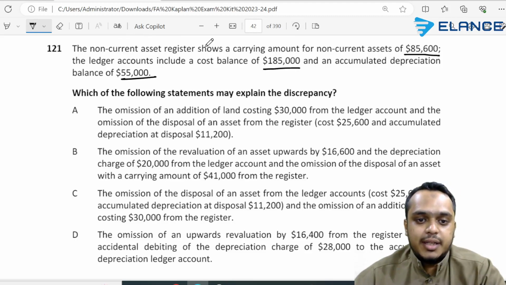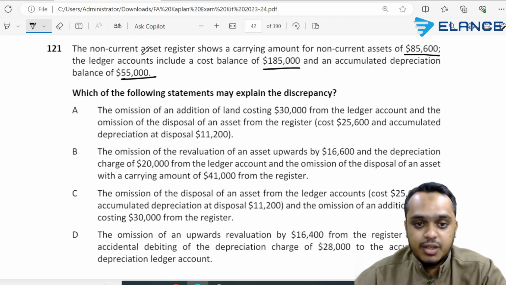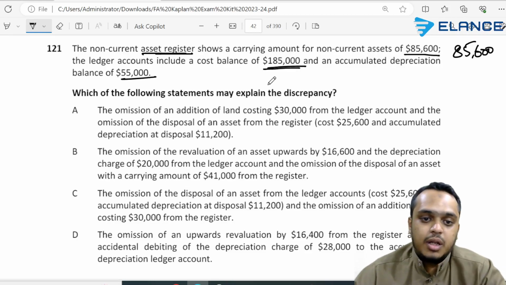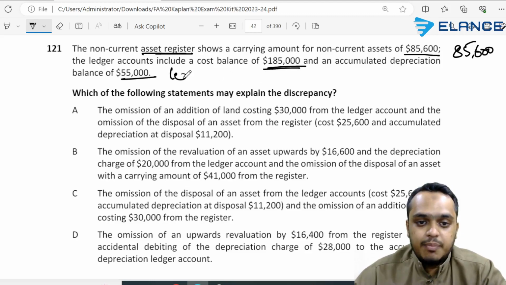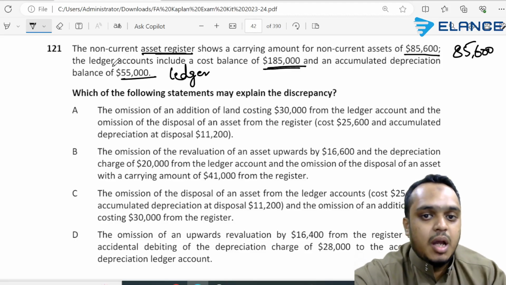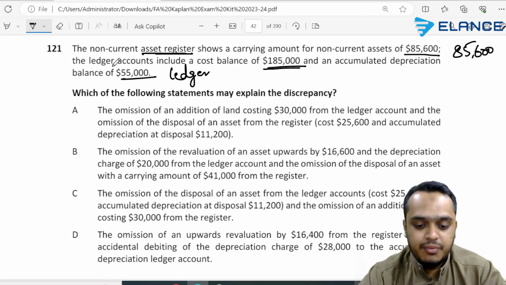Like the non-current asset register. Okay, the register shows that the value is 85,600, and the ledger accounts include a cost balance of 185,000 and accumulated depreciation. So the ledger balance is showing that 185,000 is the cost and 55,000 is the accumulated depreciation. So if I have to do that, this is $185,000 minus $55,000.